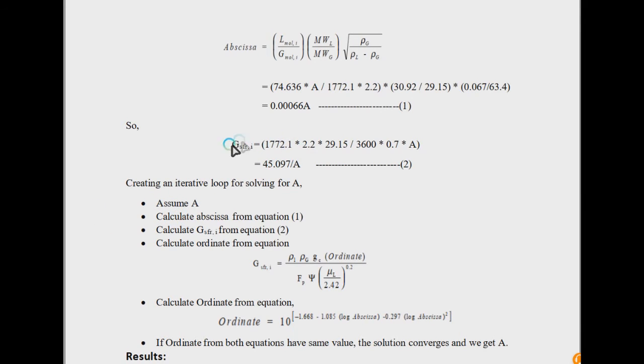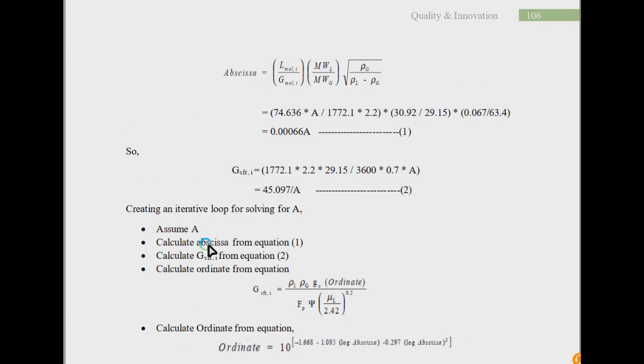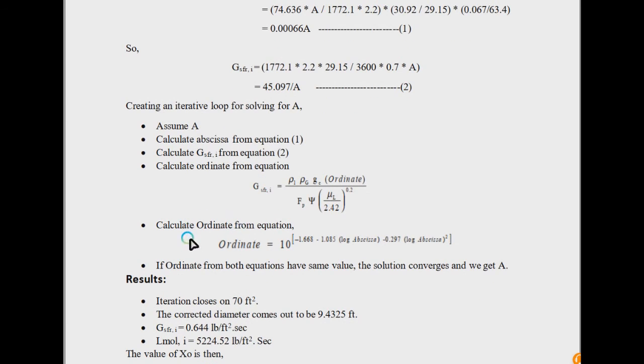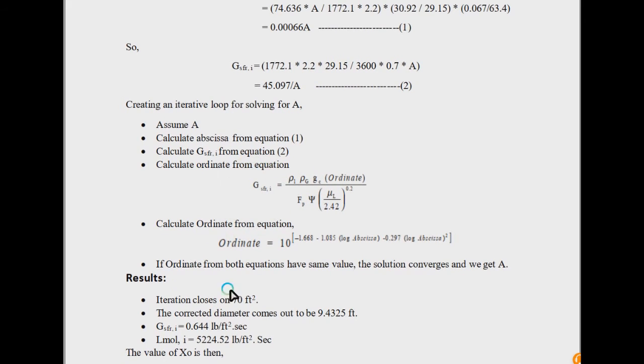You have to move backward from the GSFRI. Calculate the abscissa, then calculate GSFRI, then calculate the ordinate using this equation, because you know GSFRI and everything. And then calculate the ordinate. If the ordinate from this equation and the one calculated from this equation are the same, this means the solution converges and we get our desired area with the minimum wetting rate.